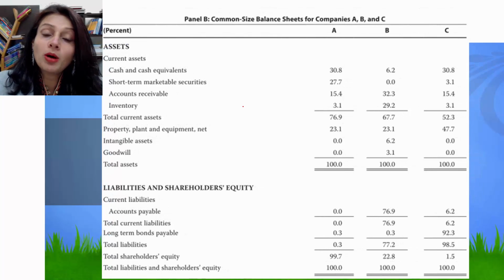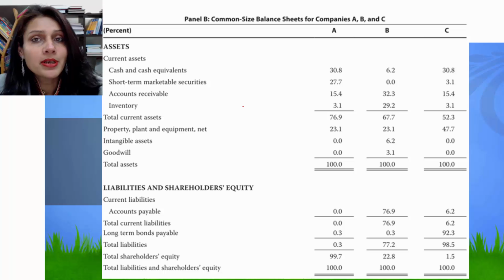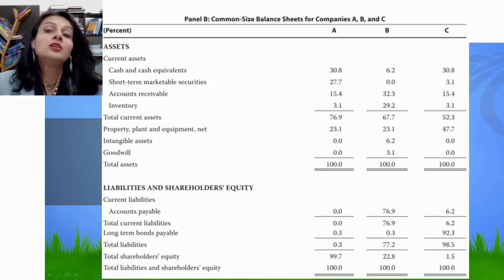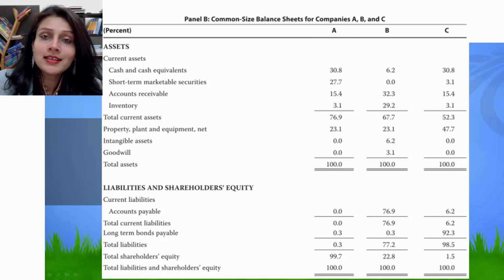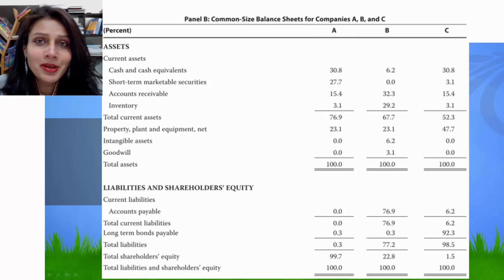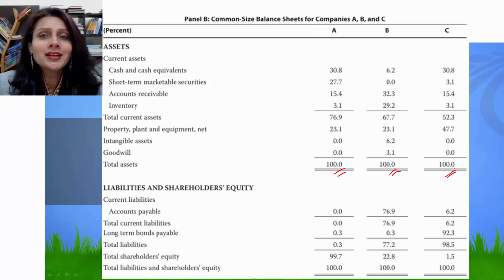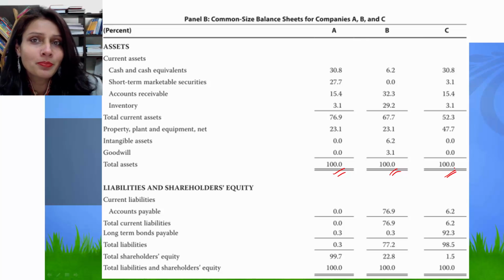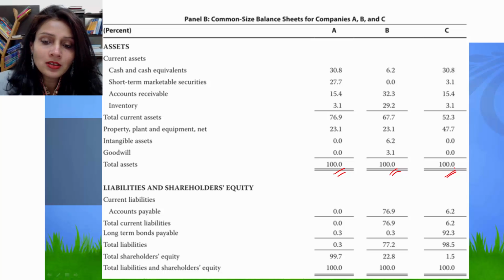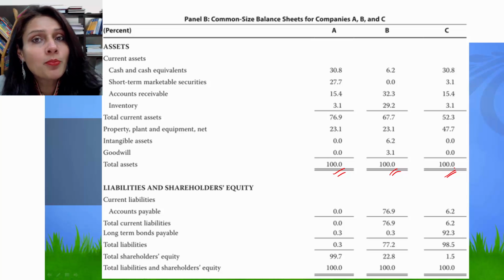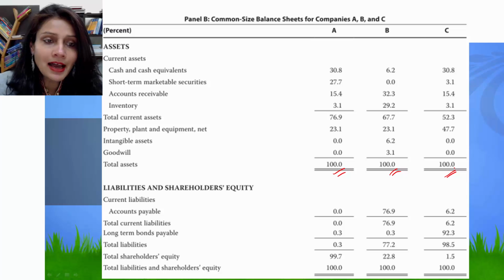Well, this is the common size balance sheet of the 3 companies A, B, and C. You can see that on this slide, these companies look more similar because all the assets are 100%, or just 100. So you know that there is a standardization between these 3 companies. Now these companies have become more comparable. Let's have a look.